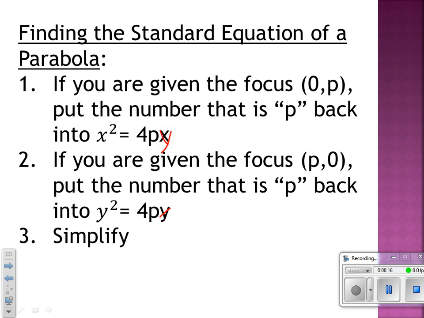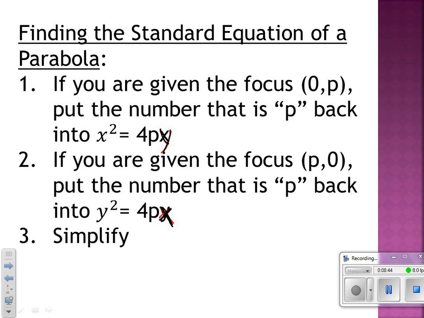This one should be 4px. Sorry about that, I just caught that now. I'll have to go back and retype that slide. So x squared is equal to 4py. If you're given the focus p, 0, okay, so a number and then 0, we know that that focus is going to be on the x-axis somewhere, and therefore it has to be a y squared equals 4px equation.